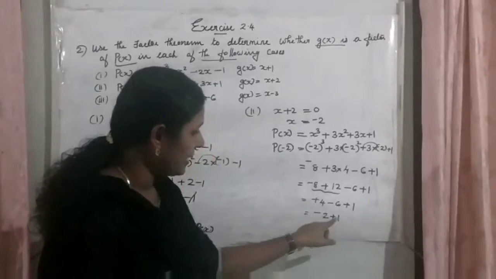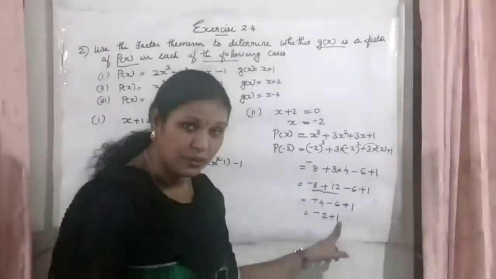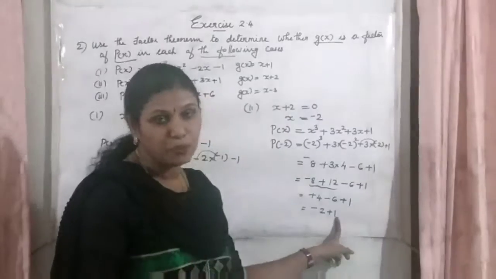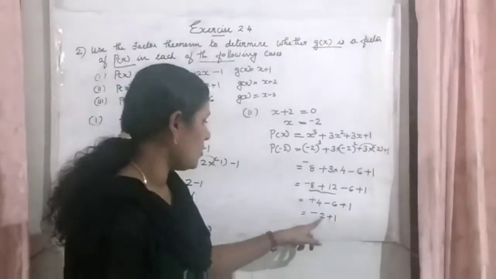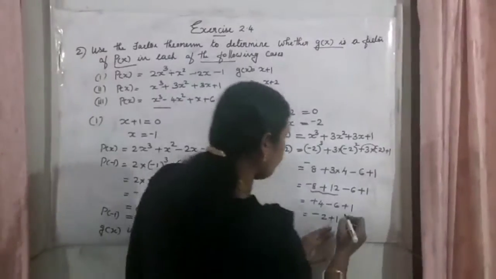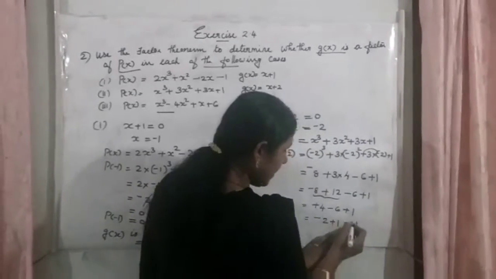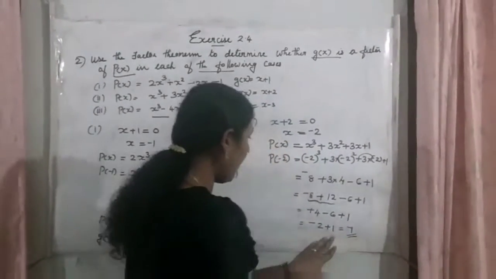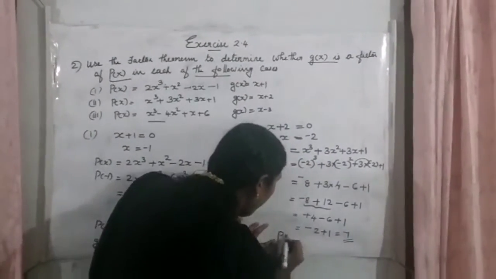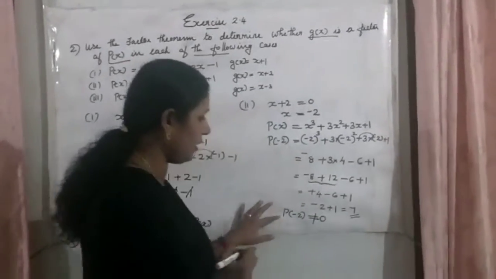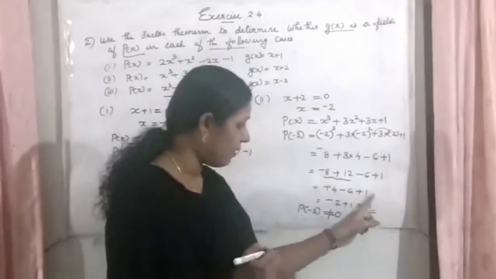Here also different signs, so we subtract and put the bigger number's sign. 2 minus 1 is 1, and the bigger number's sign is minus. So we get the result minus 1. That is, p of minus 2 is not equal to 0. Here we get the value as minus 1.